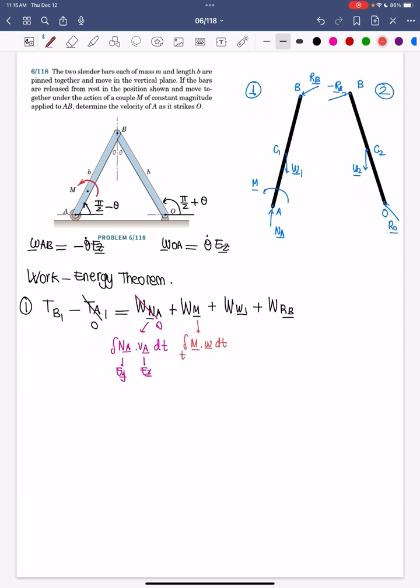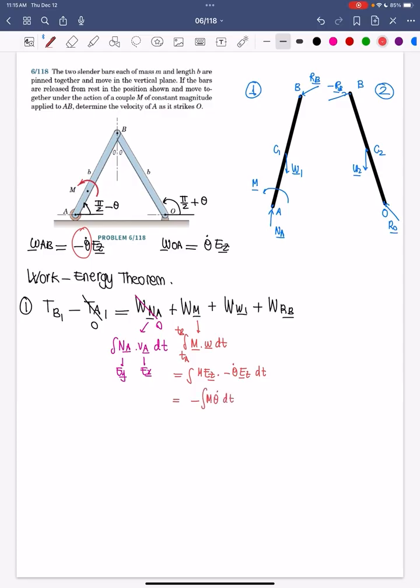From TA to TB, which I can write as the integral of M d theta. Well, that's because, let me do it step by step, that's M Ez dot, in this case, minus theta dot Ez, that's omega, dt, and that's minus M integral of theta dot dt.